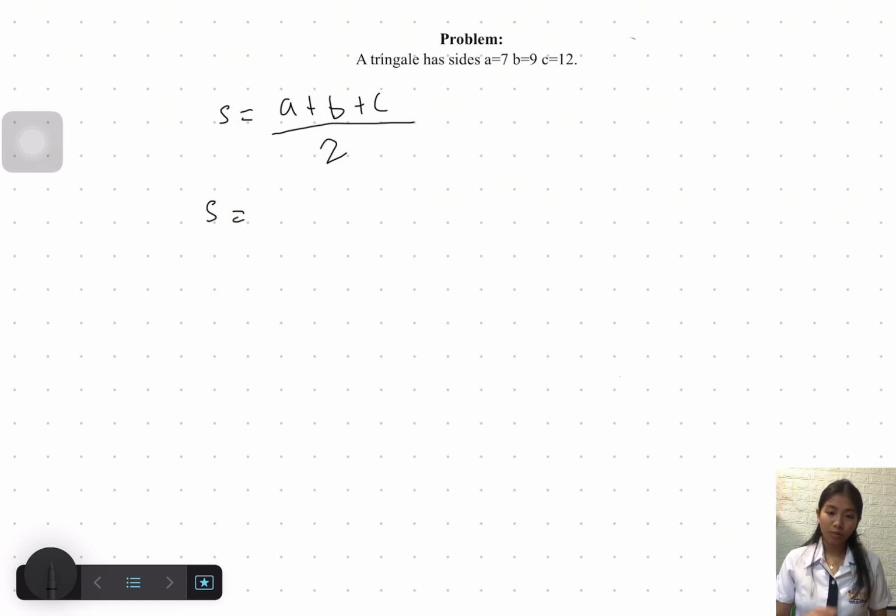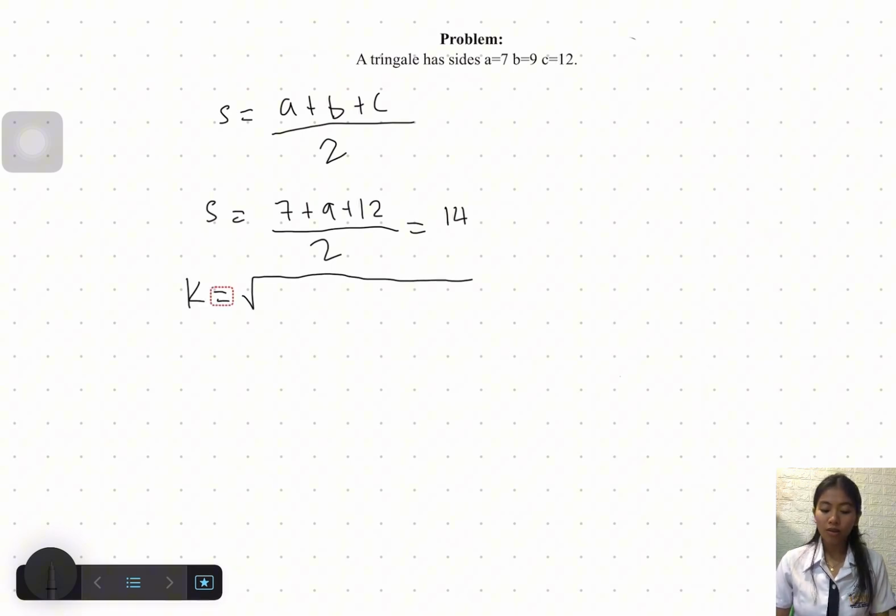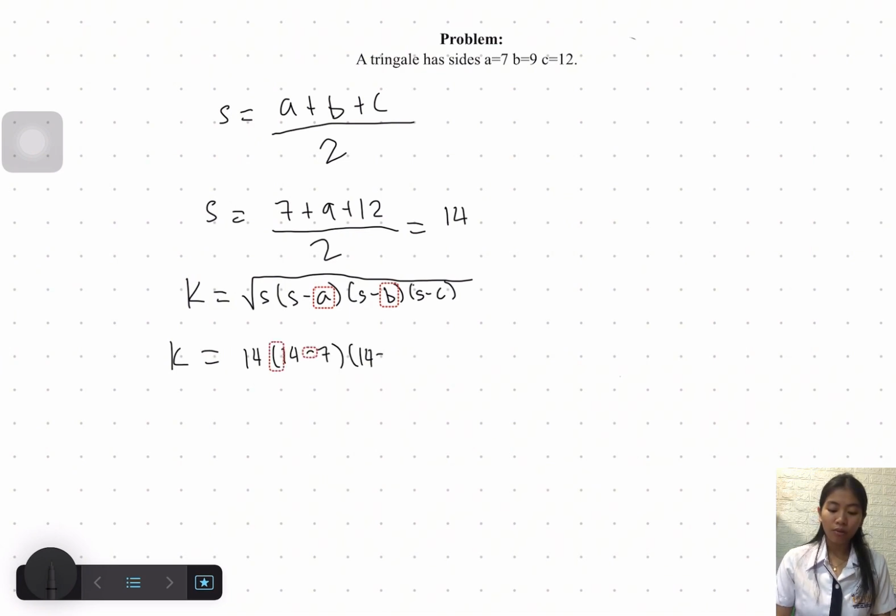So let's substitute it. 7 plus 9 plus 12 over 2, that is equal to 14. K is equal to the square root of S times (S minus a) times (S minus b) times (S minus c). So let's substitute it again: the square root of 14 times (14 minus 7) times (14 minus 9) times (14 minus 12).